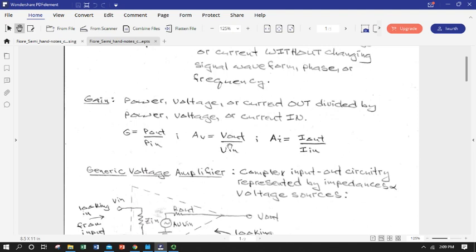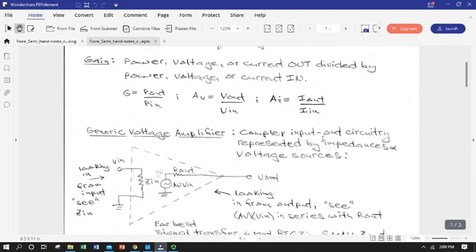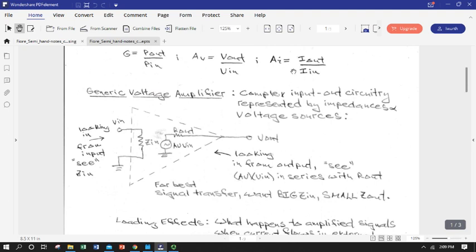It's V peak on the output over V peak on the input, or VRMS on the output divided by VRMS on the input. So it's that ratio. We can also define gain in terms of current out divided by current in. So all different ways of describing gain, which is what we basically build an amplifier to accomplish.